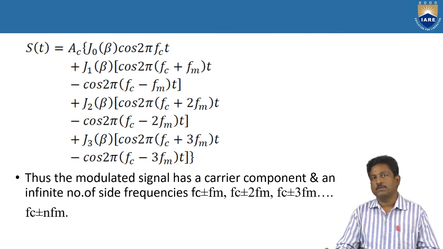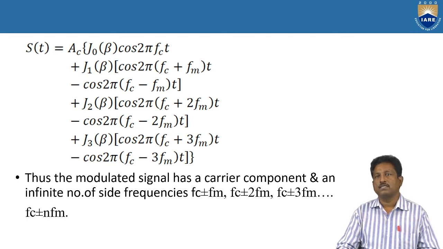So based on the expansion of these Bessel functions, you can see J1, J2, J3 until infinity, so we'll get the Bessel function coefficients.